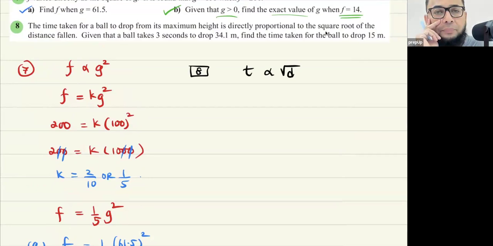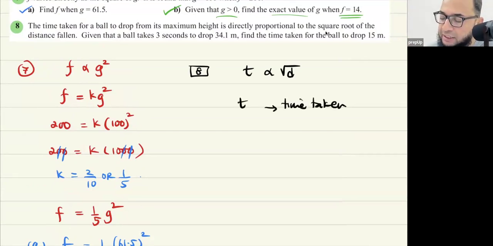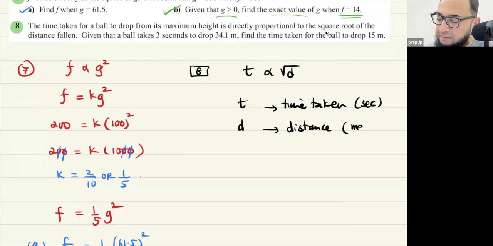In such a question, if they have not defined any variable, then you are supposed to define those variables. So t is the time taken, in seconds, and d is the distance that it falls, in meters.